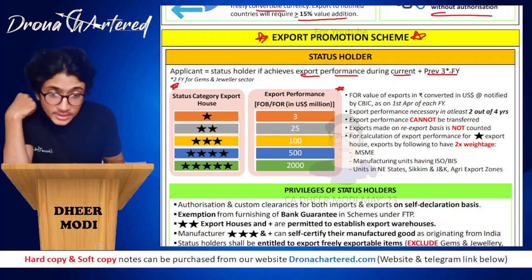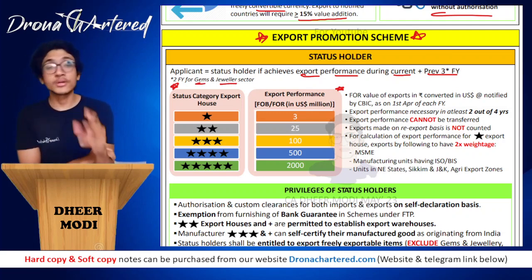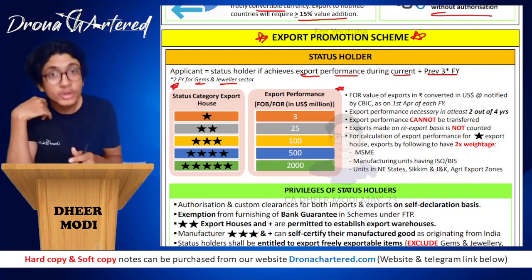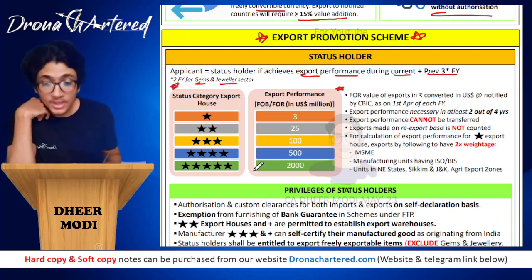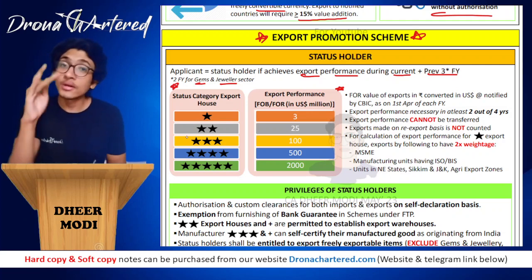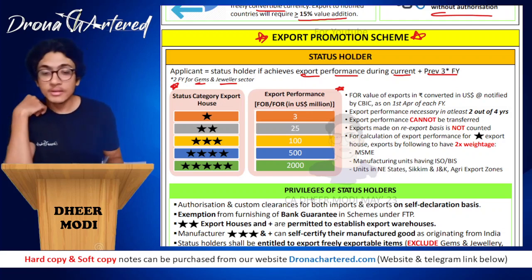So these 3 years will be 2 financial years for the gems and jewelry sector. So for gems and jewelry sector, instead of 3, it is 2 years. So you have to achieve your export performance not only for the current year, but the current year plus 3 previous financial years. Now the category of status holder. Basically there's 1 star, 2 star, 3 star, all the way till 5 stars, and different export limits have been mentioned.